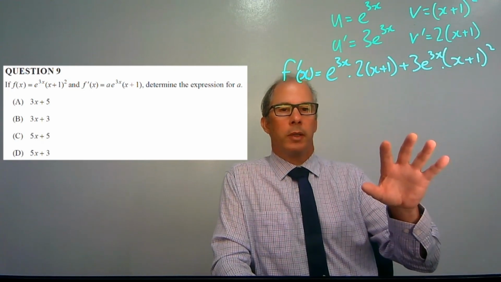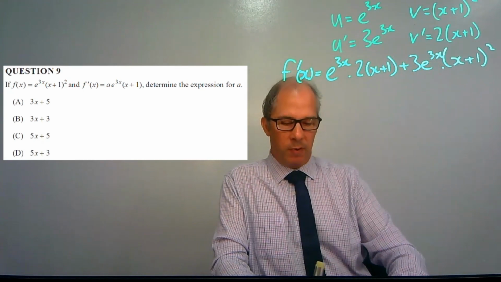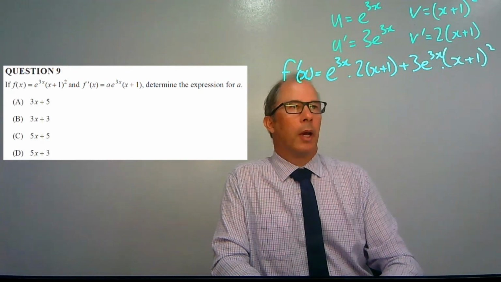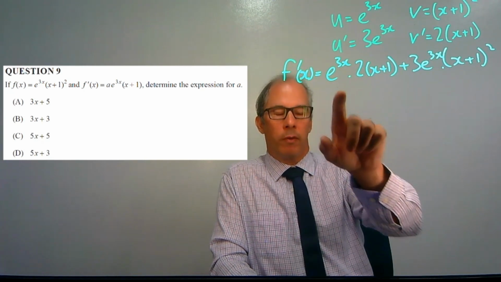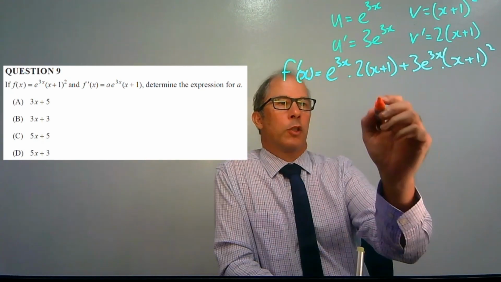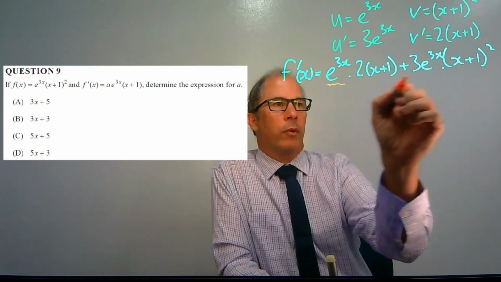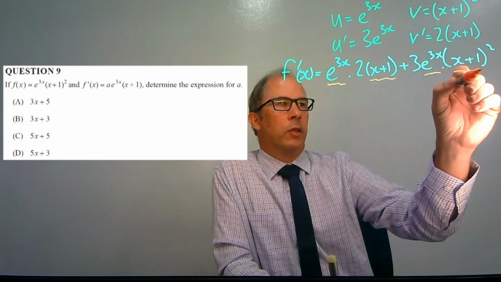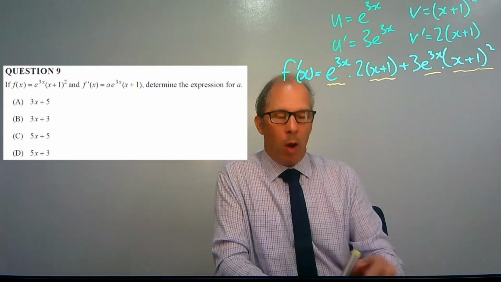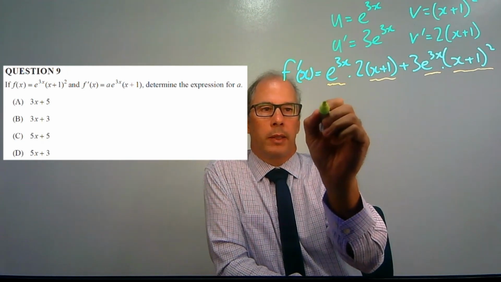So there it is there, product rule. I've got u, u dash, v, v dash, and I can put those together here. So I've got an expression here that I can see there's a common factor of e to the 3x, and then there's an x plus 1, and there's 2 of the x plus 1s over here. So I might be able to factorize this to make this a little bit simpler.